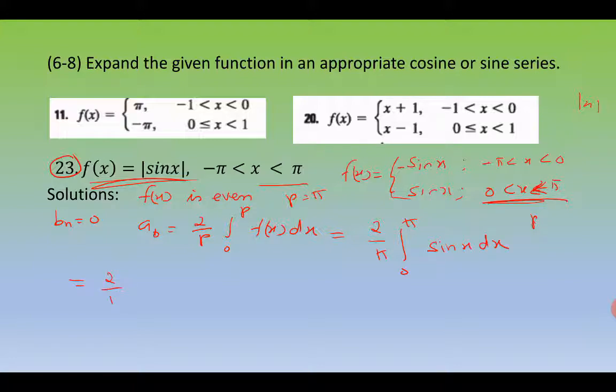When you integrate sin x, you get minus cosine x from 0 to pi, 2 over pi, there is negative outside, cosine pi is minus 1 and cosine 0 is 1. So this is minus 2, the answer is 4 over pi. The answer is 4 over pi.